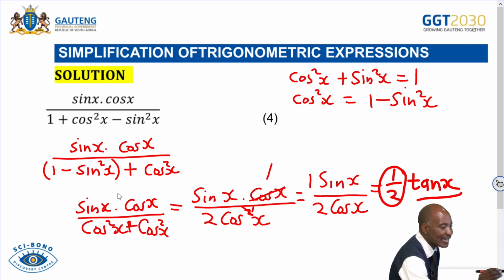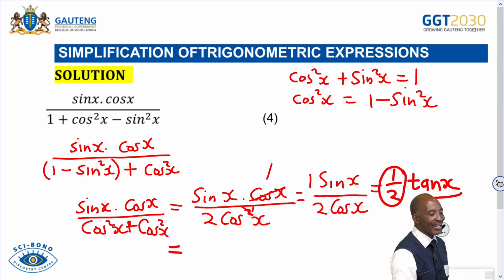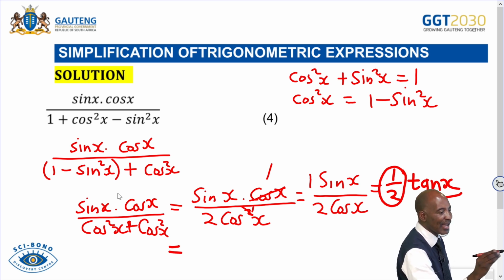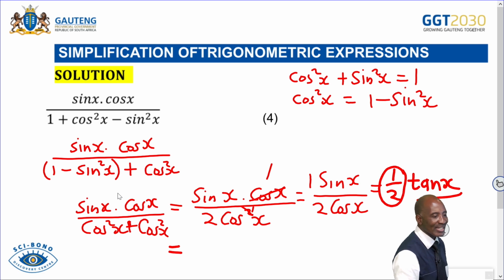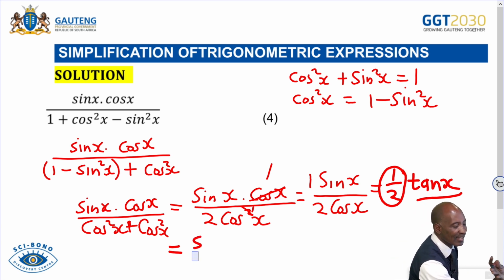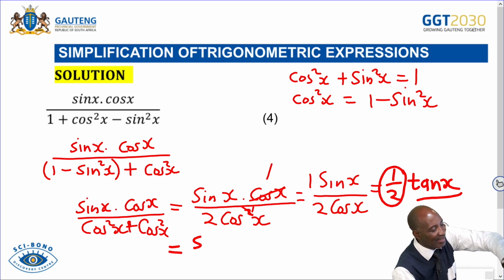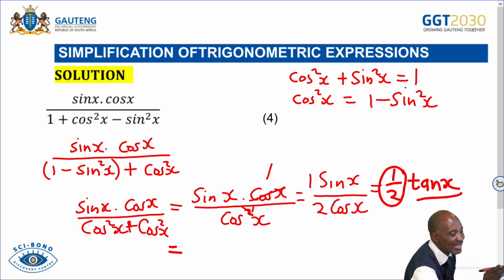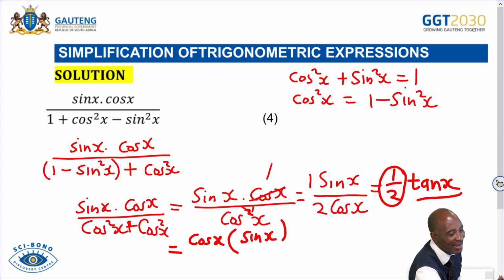Allow me to go back here. Another learner, when they get here, they can say, I see cosine is common. They will factor out cos here, right? They will say cos x into sine x. That's your numerator.